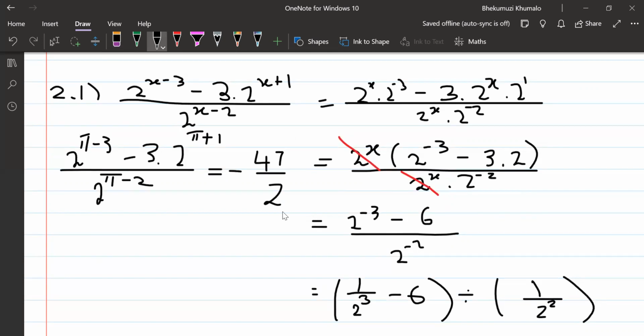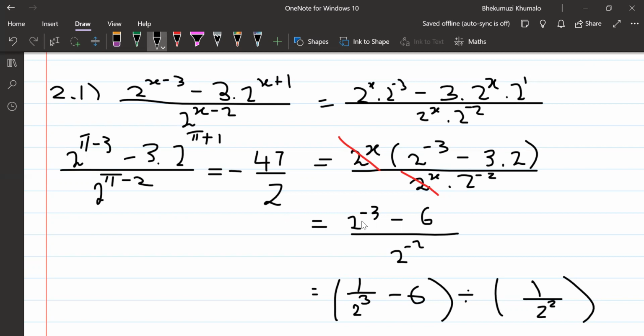I'm going to say 2 to the power pi minus 3, times 2, all to the power pi plus 1, just to check our value is correct. It's 3 times 2, but then the 2 is raised to x plus 1. So yeah, I get the same value.